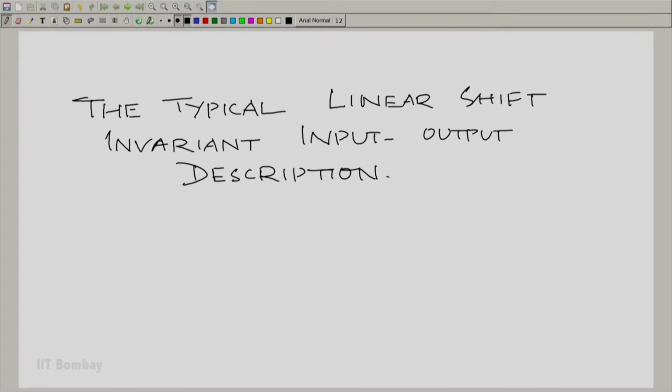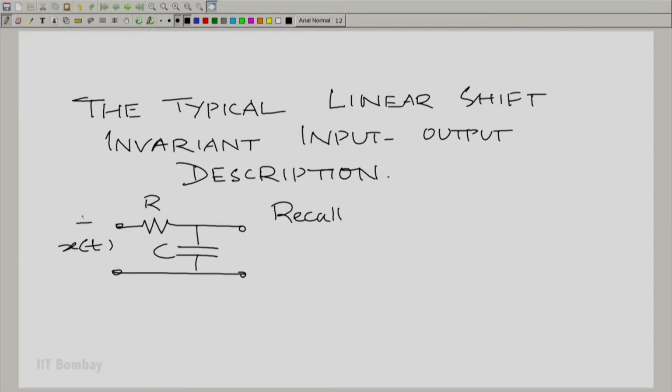Now, let us recall the example that we began with, the RC circuit. We had x(t), the input voltage, and y(t), the output voltage here. And we said that y(t) plus the current multiplied by the resistance.